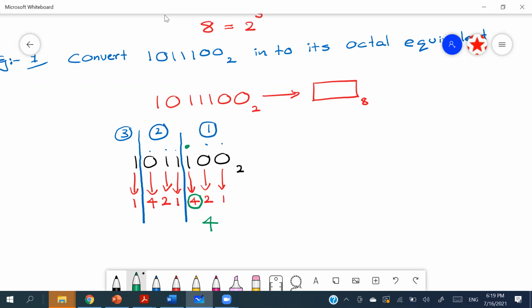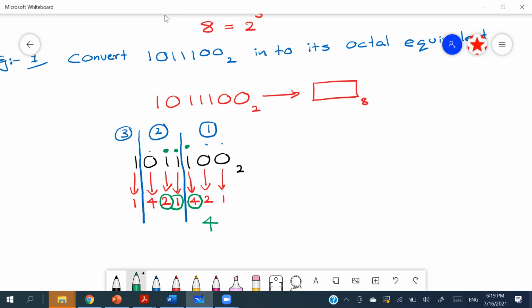So likewise, in the second group, what are the places that we are going to consider? The 2 and the 1, because those are the places which have 1 above them. And I'm not going to consider the 4 because there is 0, so 4 into 0 is 0.